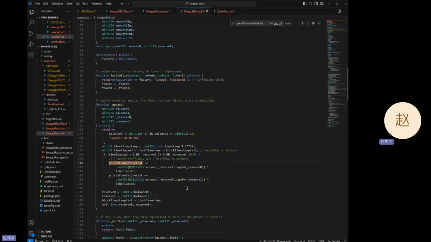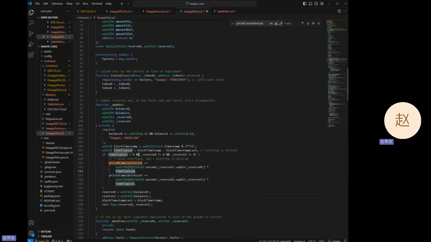So the instant price, we know, is just the ratio between the amounts of the tokens inside the pair. But to calculate the cumulative price, we need to multiply by the time elapsed.